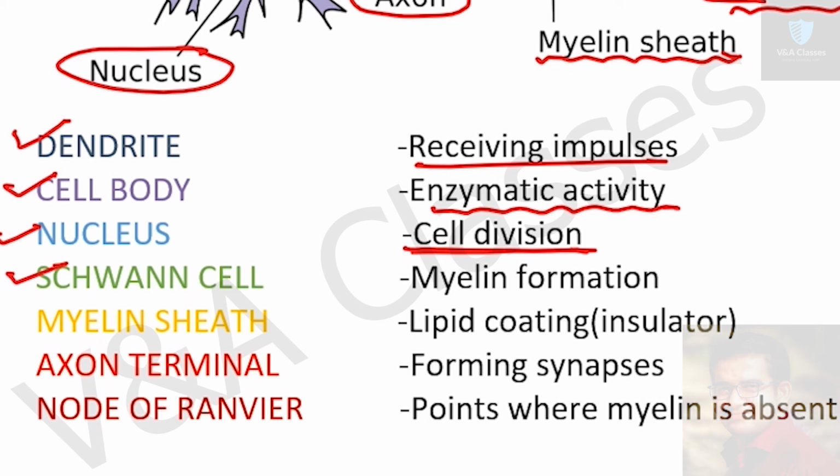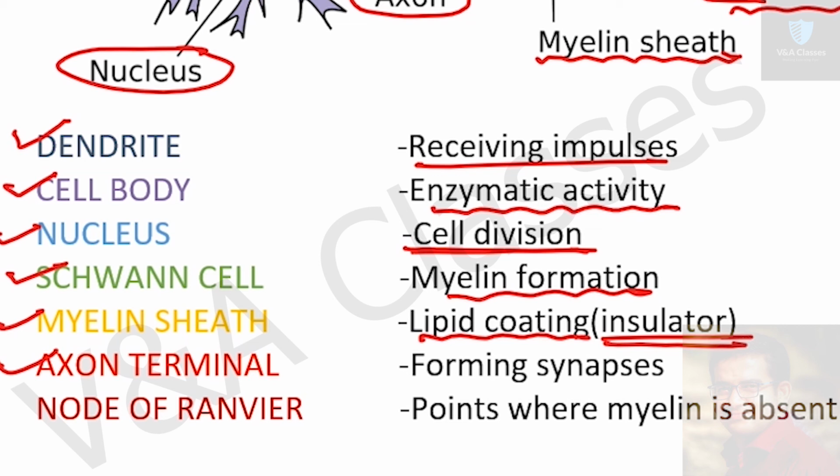The fourth is the Schwann cell, which helps in myelin formation. The fifth is the myelin sheath, a lipid coating that acts as an insulator for the electrical impulse. Then there is the axon terminal, the end parts of the axon which are non-myelinated, and it helps in forming the synapses.